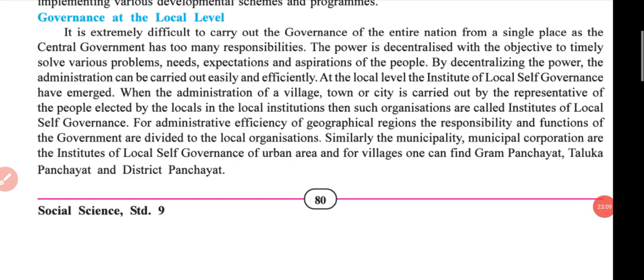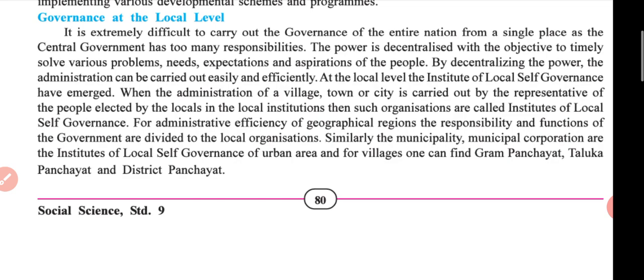Then the next topic is governance at the local level. It is extremely difficult to carry out the governance of the entire nation from a single place. But obviously, we can't manage even our single day by ourselves.